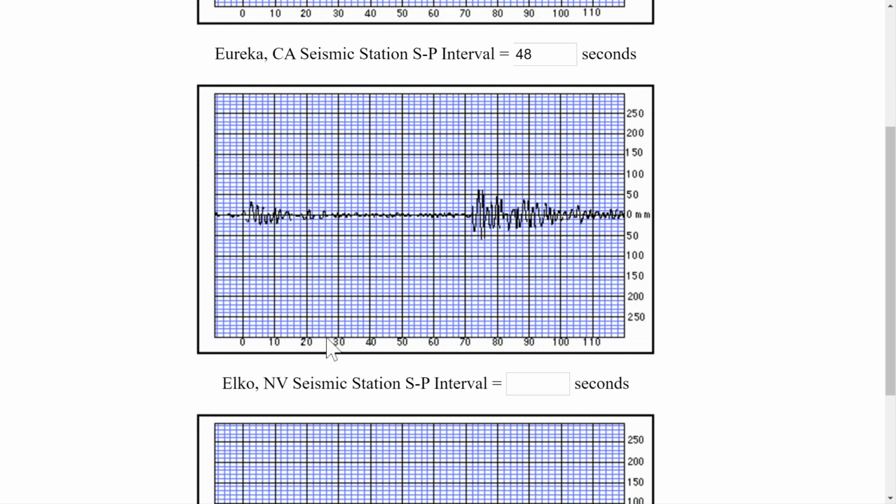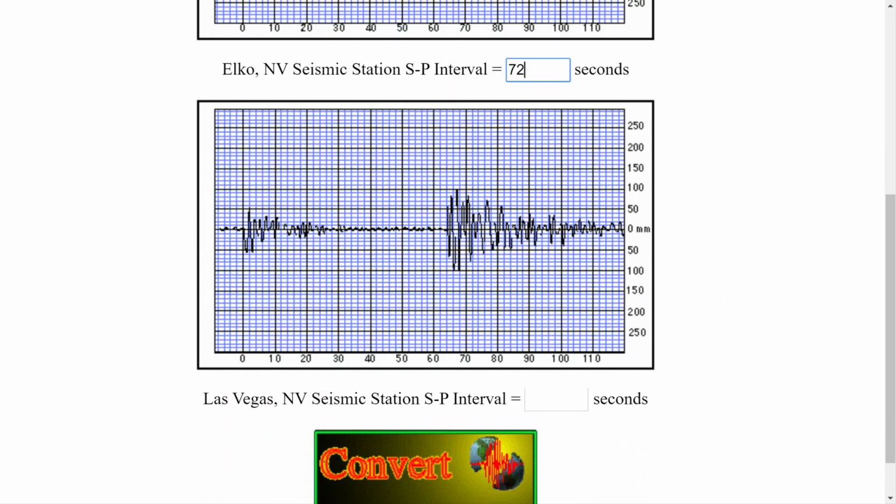So let's look at Elko. Here's, again, my P waves over here, my S waves over here. Find the S wave, follow it down, and we're looking at 72. And then we'll look at Las Vegas.